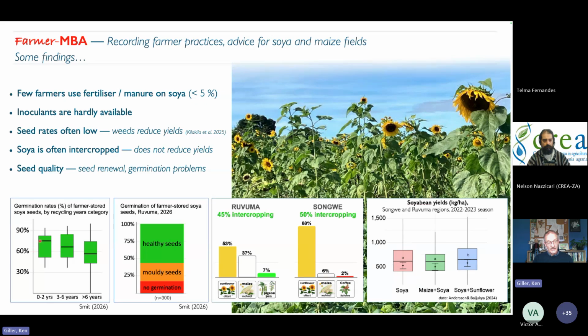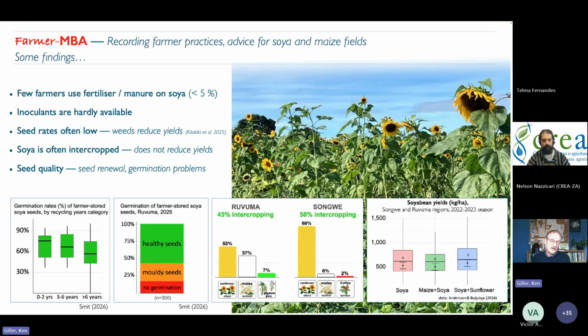Farmers are often relying on their own stored seed, and these are germination rates depending on how many years that seed has been recycled. Recycled seed for soybean is reasonable for the first couple of years, but tails off over time, showing that we really need to introduce new seed into the system. And here, the seed problems.